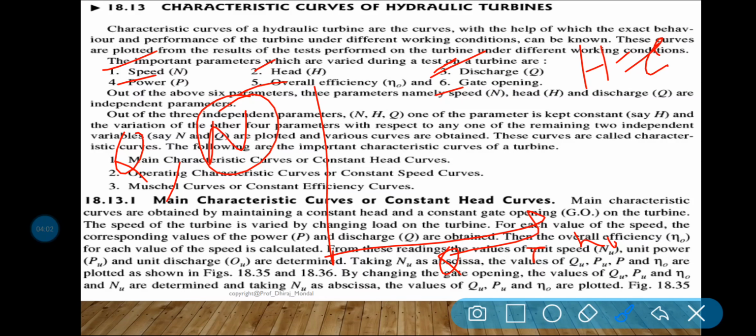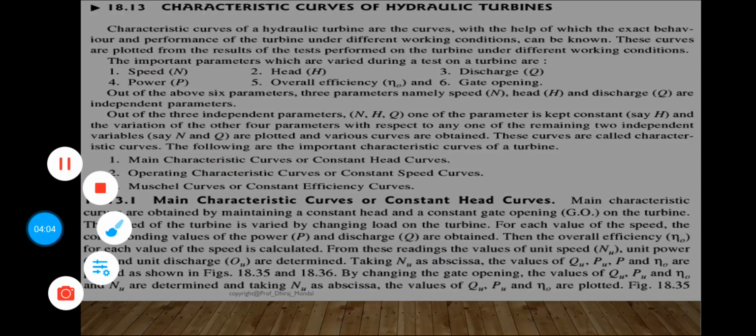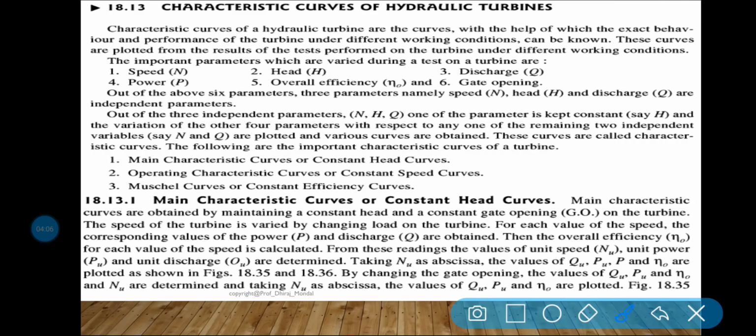So I think up to this it is clear. Now there are mainly three types of characteristic curve: the main characteristic curve, or constant head curve; the operating characteristic curve, or constant speed curve; and the Muschel curves, or constant efficiency curve. In the case of the constant head curve, the main characteristic curve is obtained by maintaining constant head.